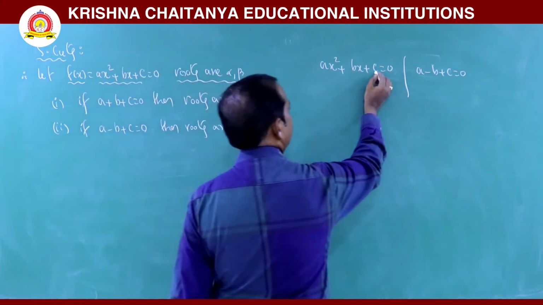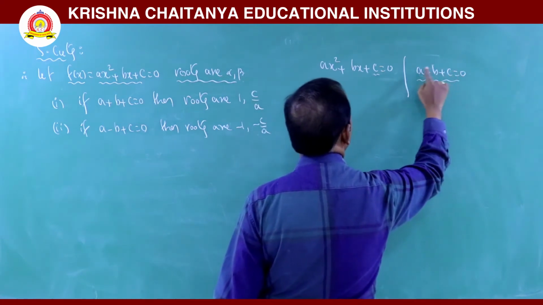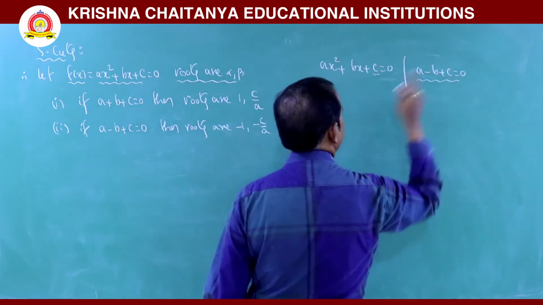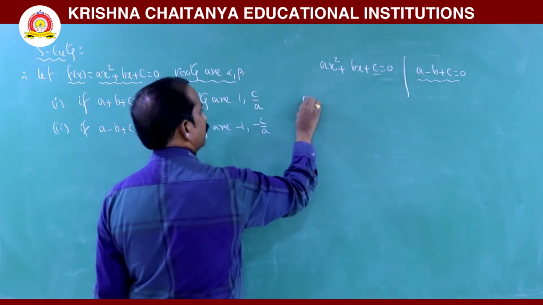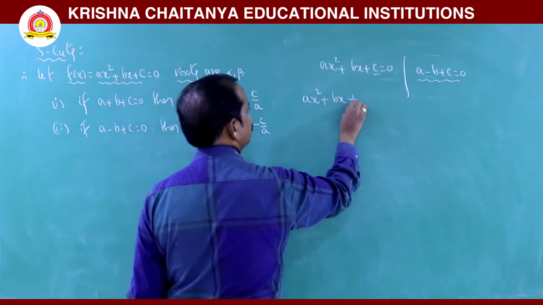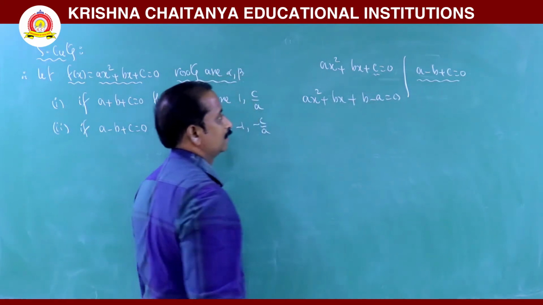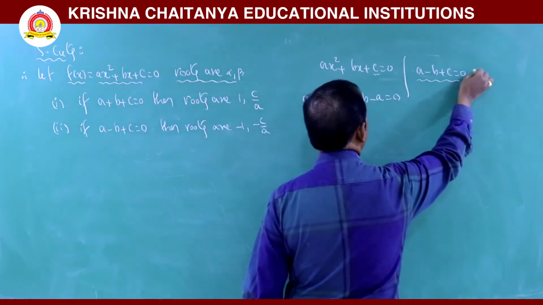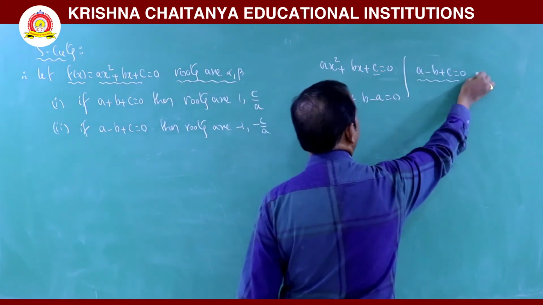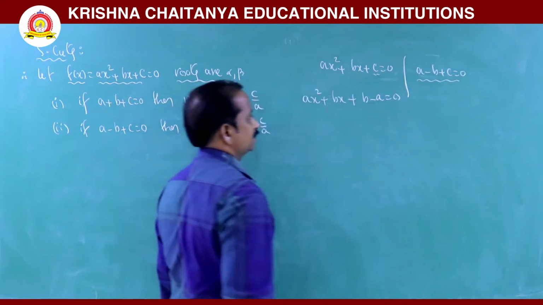Just replace c: from this condition c is equal to minus a plus b. So, therefore, a times of x square plus b times of x, instead of c I can write b minus a is equal to 0. Minus b taken to the RHS becomes plus b, and plus a taken to the RHS becomes minus a.